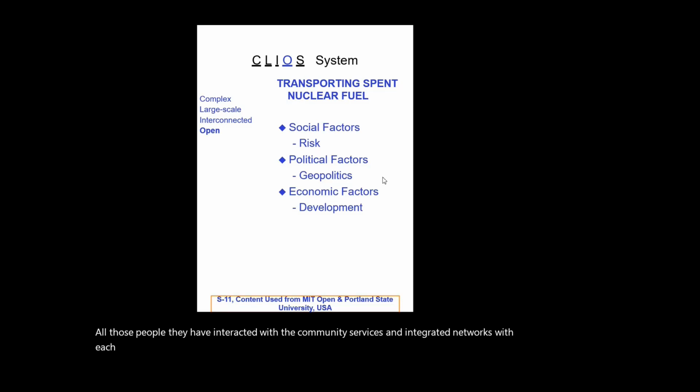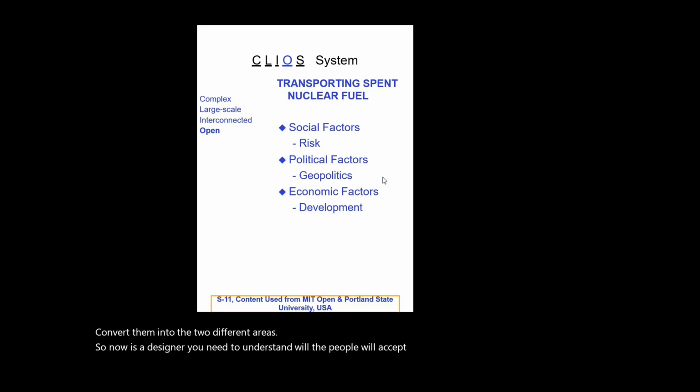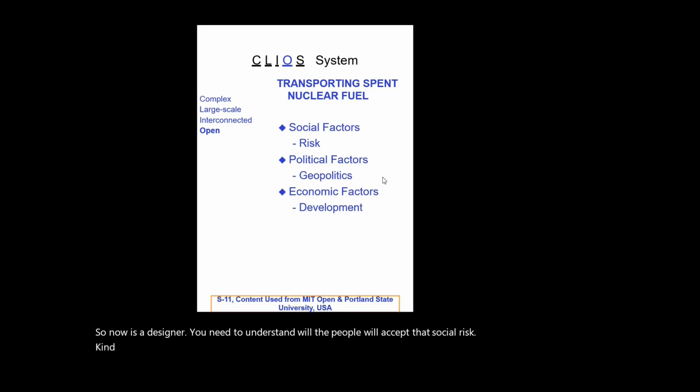But when you draw that line, you actually convert them into two different areas. So now as a designer, you need to understand, will the people accept that social risk? You can call that the long distances within their relation. So as a designer, you need to understand the thing.